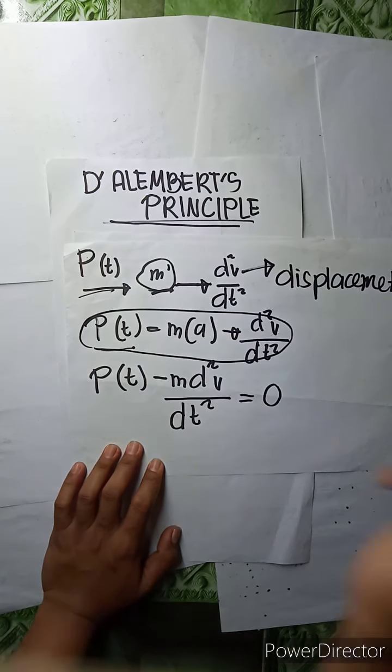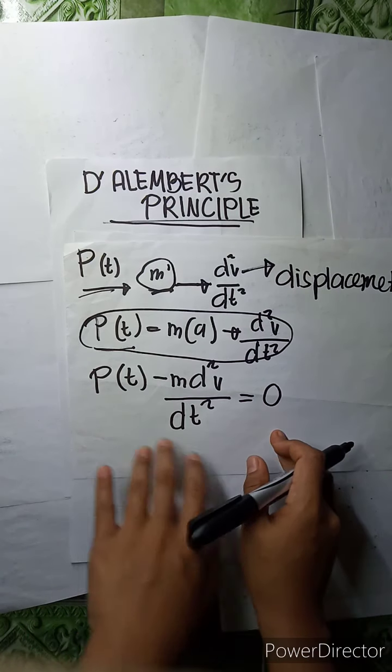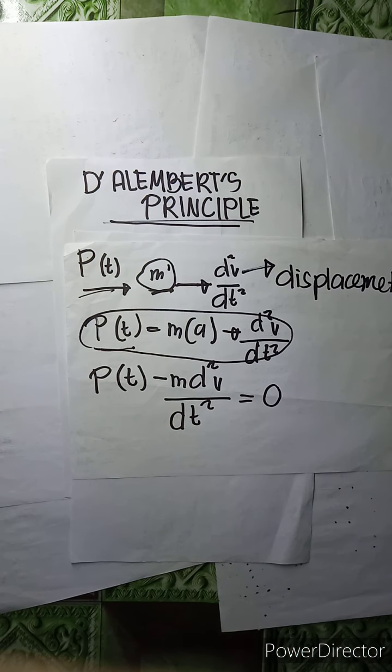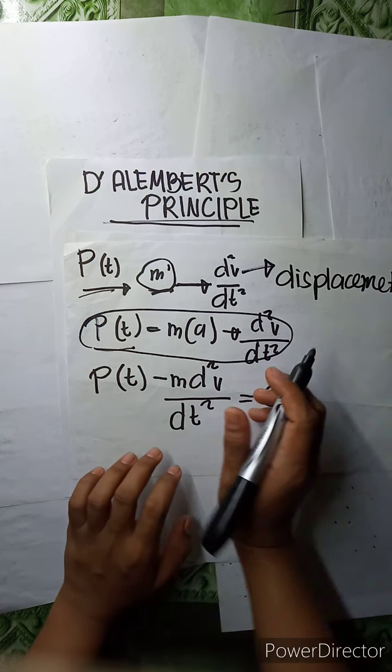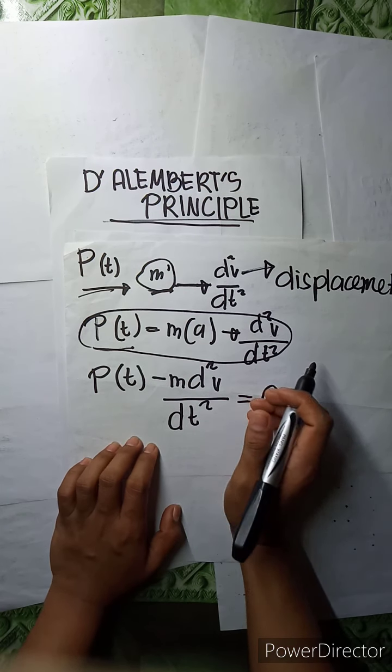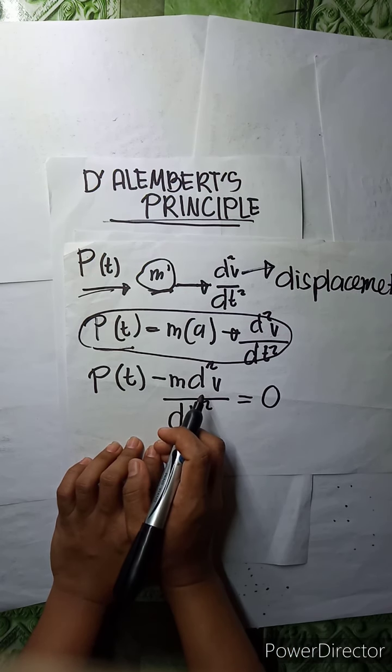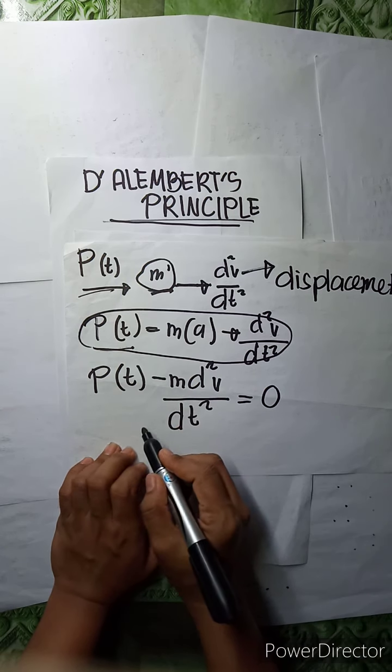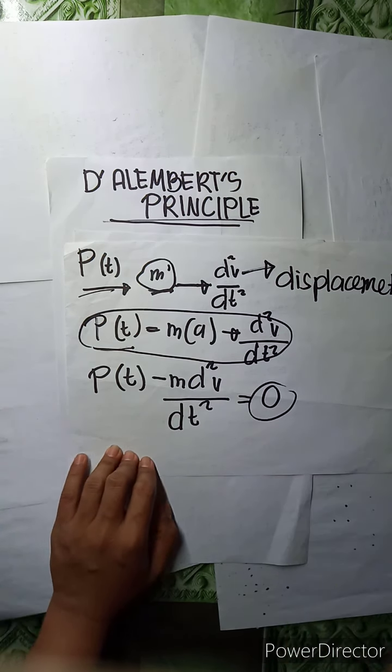We can write this equation in equilibrium principle: P as a function of time minus mass times the second derivative of displacement with respect to time is equal to 0. So ito siya.